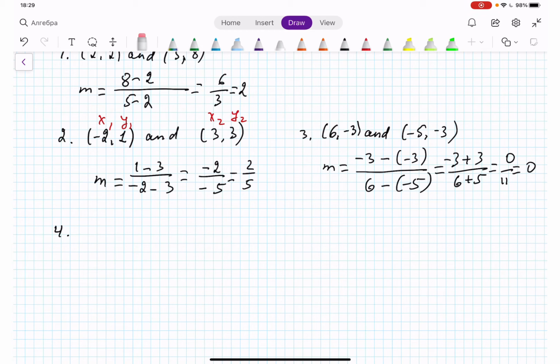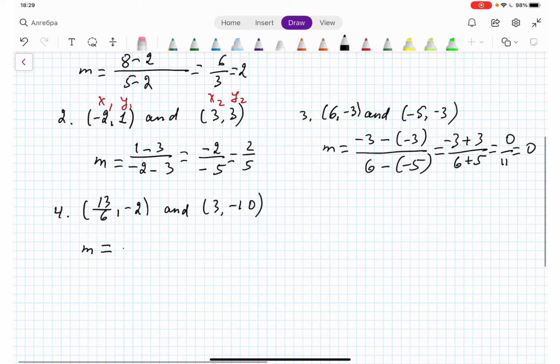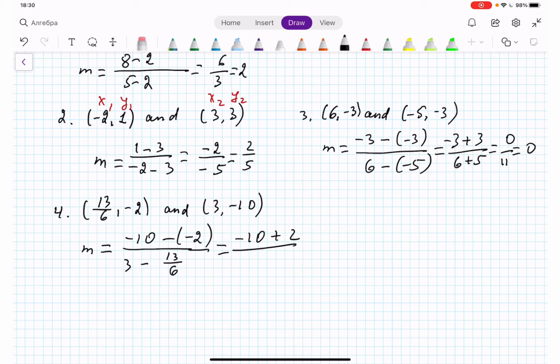Okay, now here we have 13 over 6, negative 2, and 3 and negative 10. So m is equal, I'm going to use y2 minus y1, negative 10 minus negative 2, over 3 minus 13 over 6. So it's equal negative 10 plus 2, and 13 over 6 is how much? 2 and 1/6, right? 2 times 6 is 12, remainder 1 over 6.